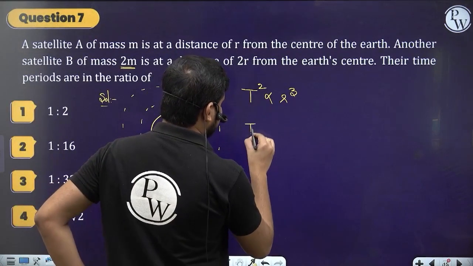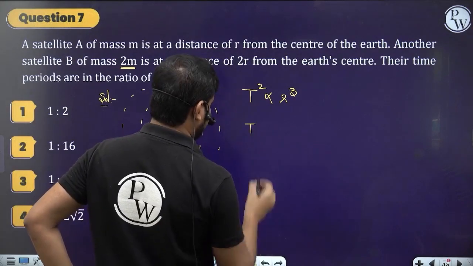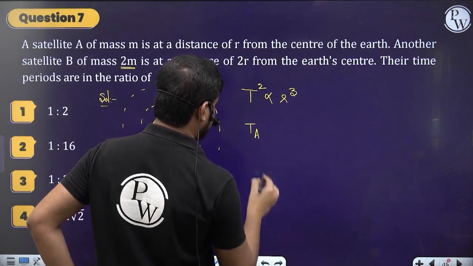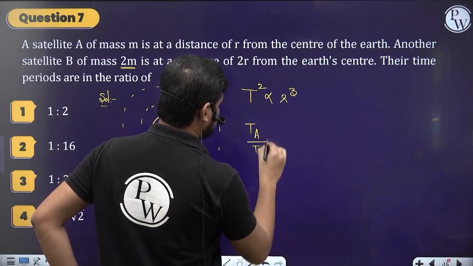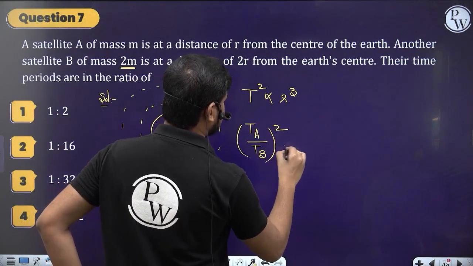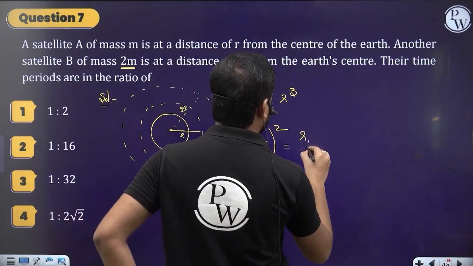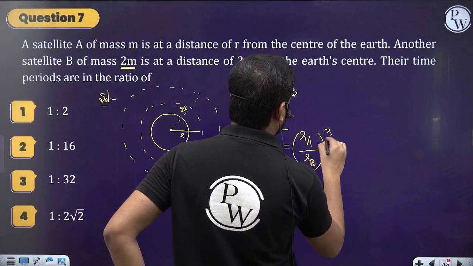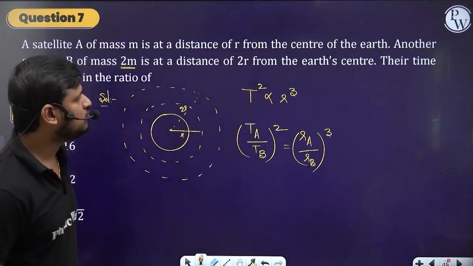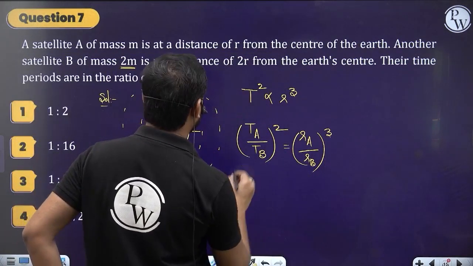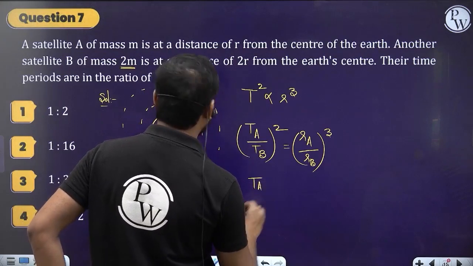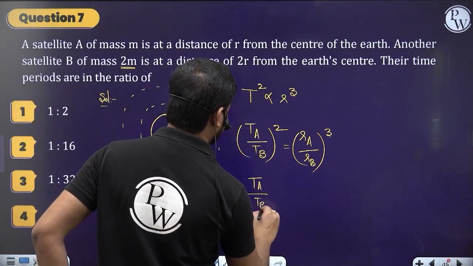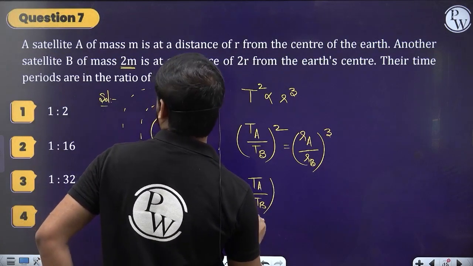So let TA by TB whole square be equal to RA by RB whole cube. Then simply write TA by TB whole square, the time periods ratio we required.